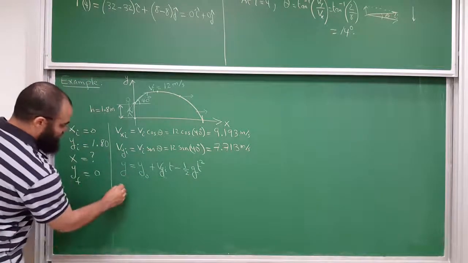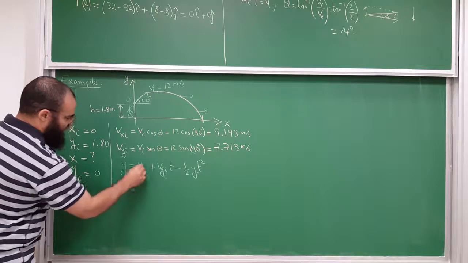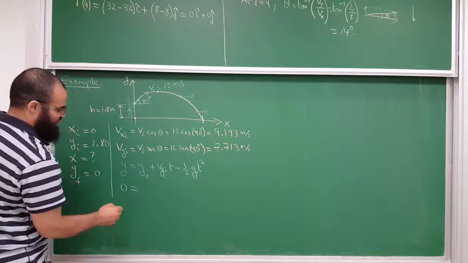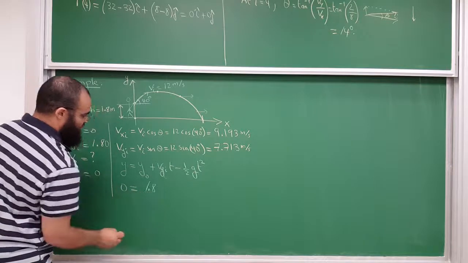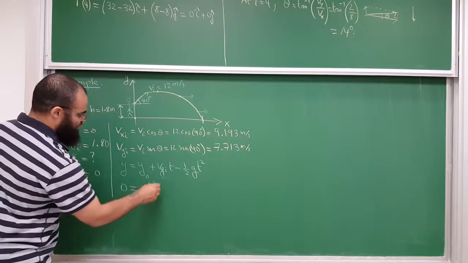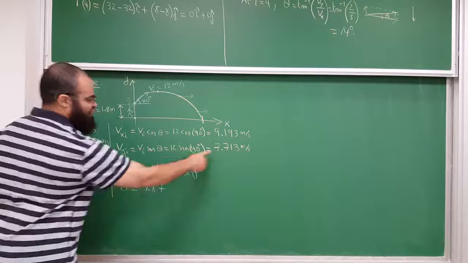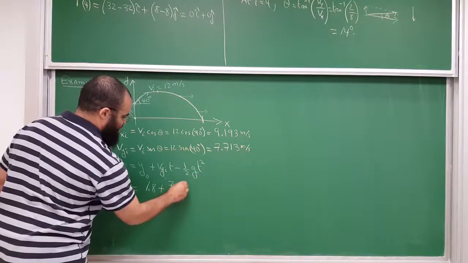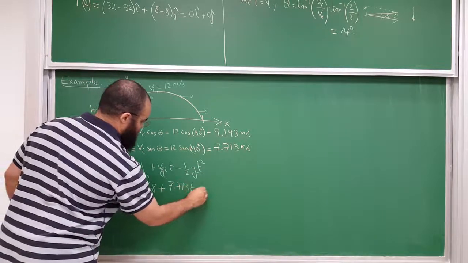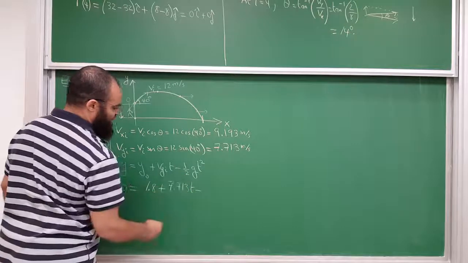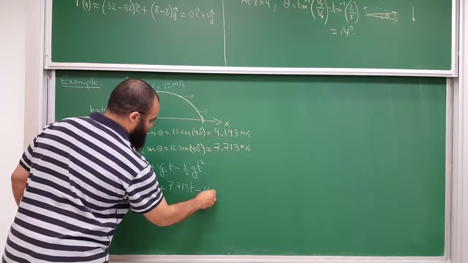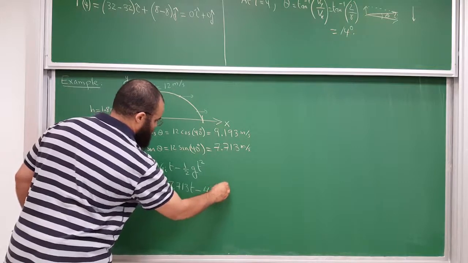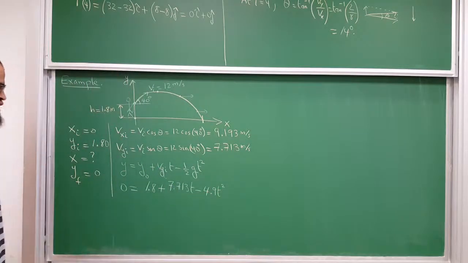So y final is 0. Y initial is what? It was 1.8. And then Vy initial is 7.713 times t minus half of g, g is 9.8, so half of that is 4.9, so minus 4.9 t squared. So you have a quadratic equation to solve.